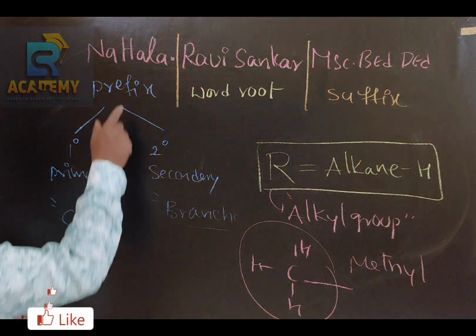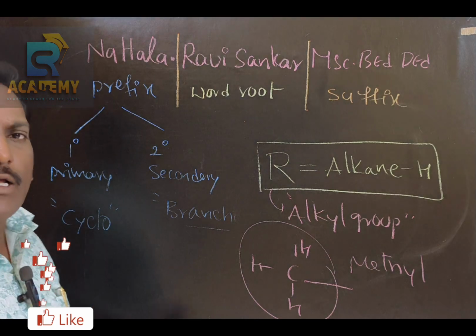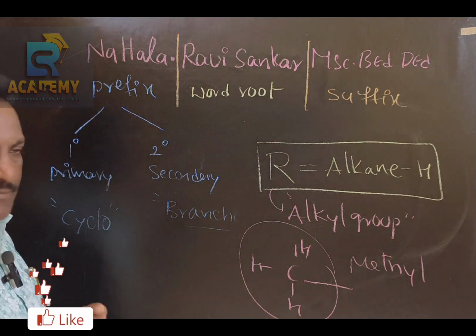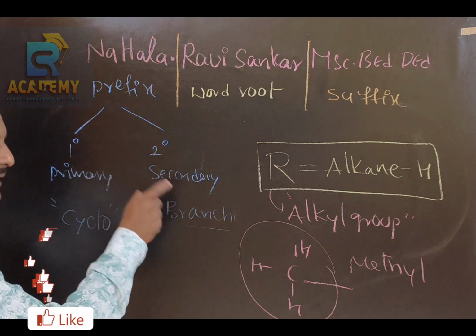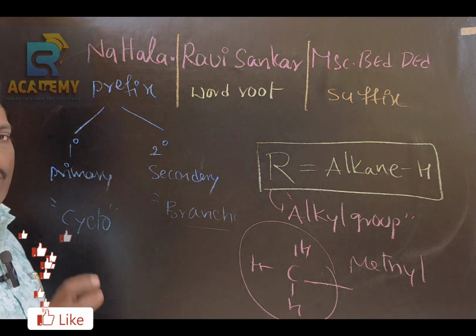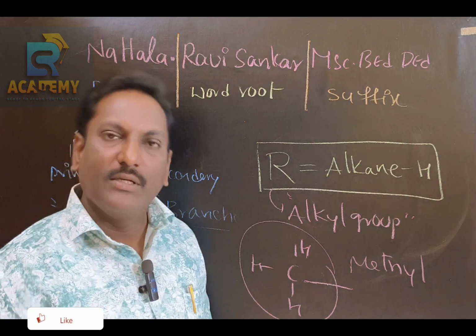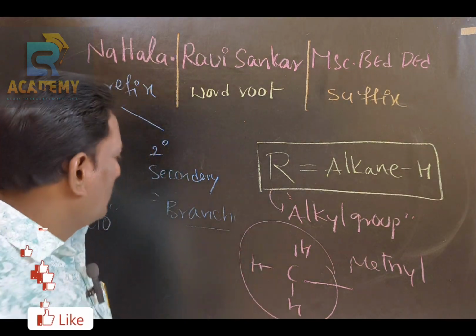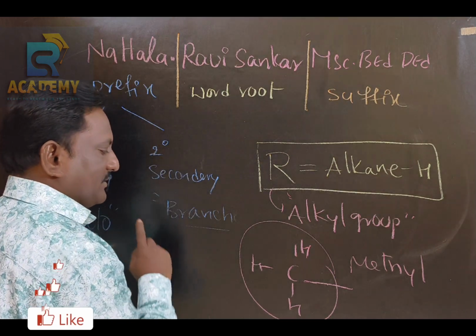That means prefix means the first part of name of the organic compound. Prefix can be classified in two types: primary prefix and secondary prefix. Primary prefix tells us whether the given compound is cyclic or not. If it is cyclic compound, you should use what? Cyclo. Then what about secondary prefix?